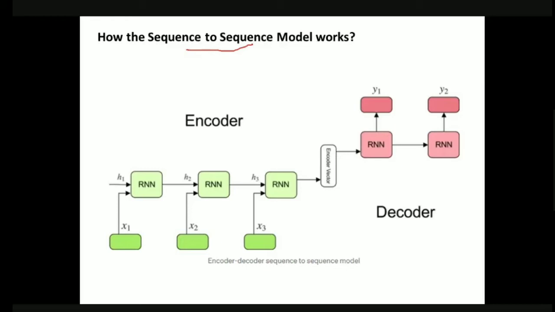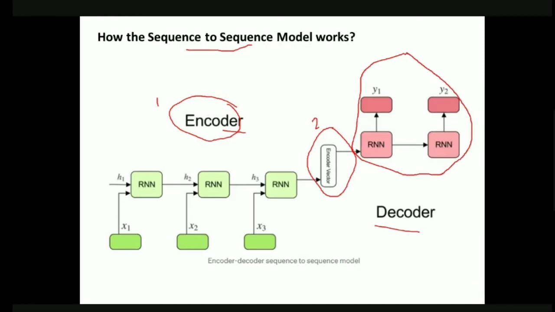Let us now see what this encoder decoder model is and how it is going to work. Do remember, sequence to sequence problems can be solved with the encoder decoder model. As the name specifies, the first part is the encoder, the second part is the encoder vector, and the third part is the decoder.